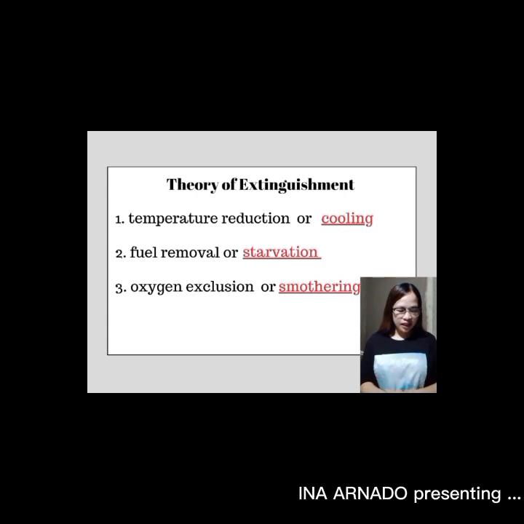Lastly, we have oxygen exclusion, or smothering. We can cover the fire with a wet blanket or cloth and throw it over the fire. It is also called blanketing. So what are the three? Temperature reduction or cooling. Second, fuel removal or starvation.